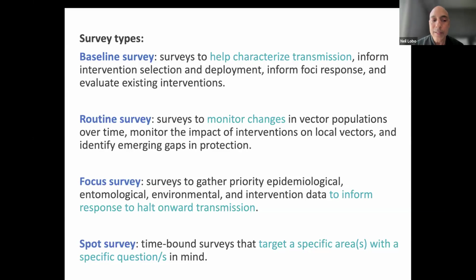And focus sites where we would look at an outbreak, for example, we can use focus surveys at these sites to understand what to do. I worded that really badly, but I think you understand what I mean. We would use a focus survey at a focus site to understand how to slow down transmission. And we'd look at the mosquitoes, we'd look at humans, we'd look at the environment and the interventions there. I tried to reword it better.